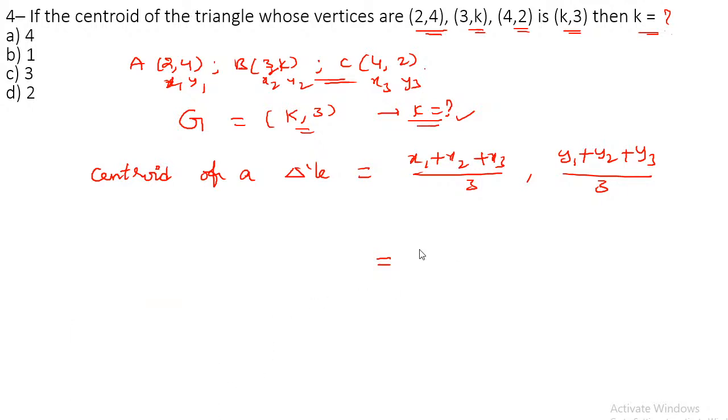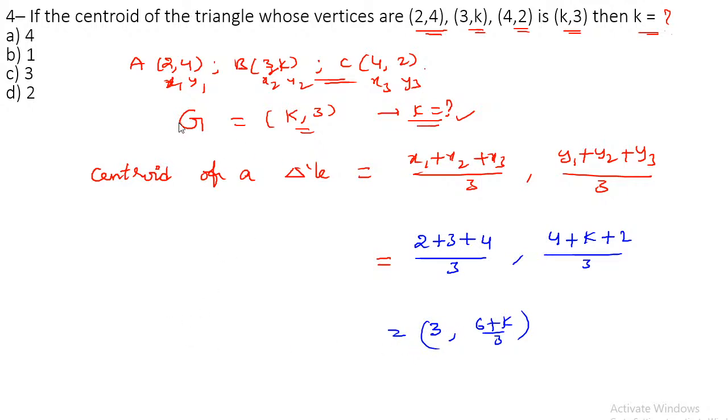So x1 plus x2 plus x3: 2 plus 3 plus 4 by 3, comma, y1 plus y2 plus y3: 4 plus k plus 2 by 3. So this is equal to 9 by 3 is 3, comma, 6 plus k by 3.